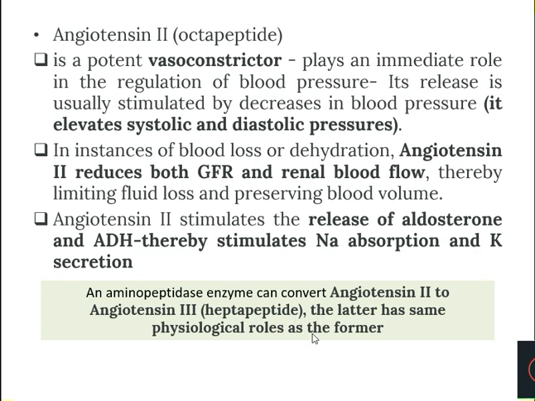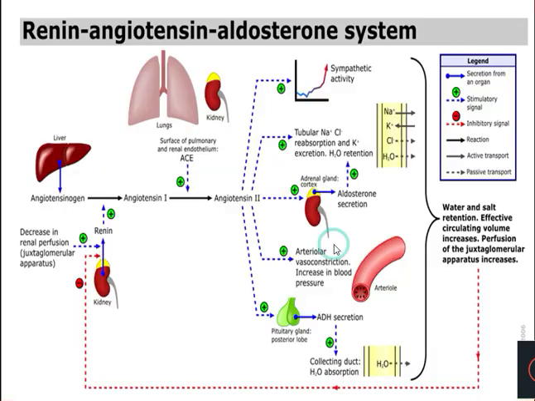Now, we will again have a quick look through this diagram. When we have dehydration, there will be a decrease in extracellular fluid volume that will be detected by the juxtaglomerular apparatus from the signals coming from the neighboring cells.